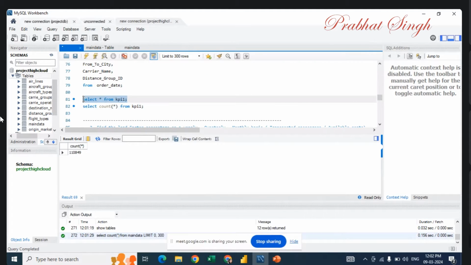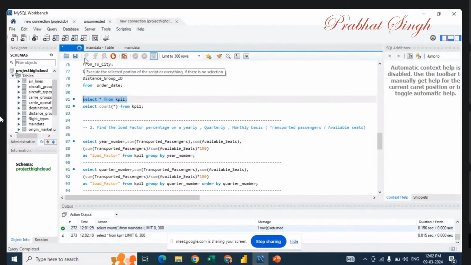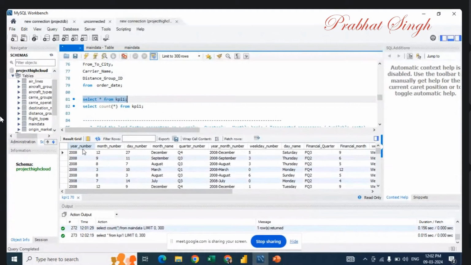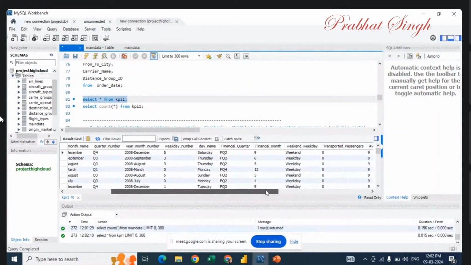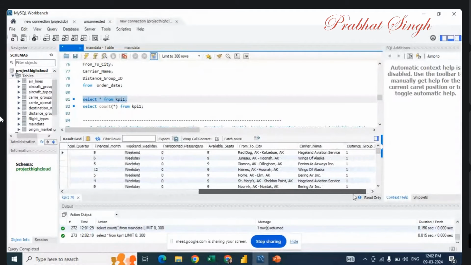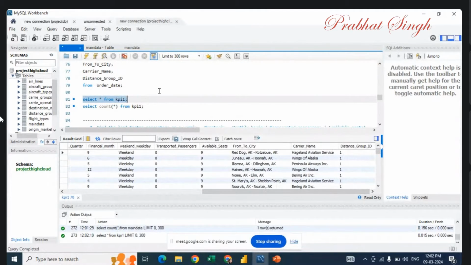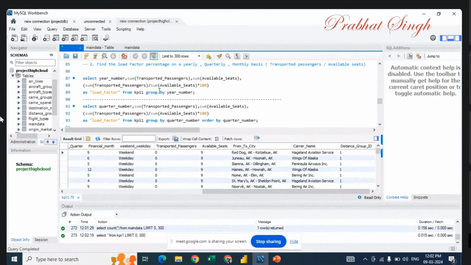I'll be running it. So we get year number, month number, and the day number, according to the query of whatever is required. This is the result.